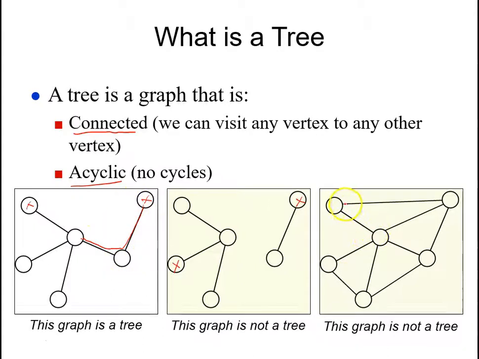Now you notice with this graph here, if we start at this vertex, we can go along this edge and then revisit our starting point without having traversed the same edge twice. So this graph has cycles and is therefore not a tree.